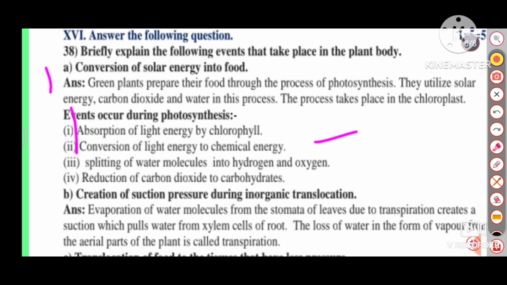Events that occur during photosynthesis: absorption of light energy by chlorophyll, conversion of light energy to chemical energy, splitting of water molecules into hydrogen and oxygen, reduction of carbon dioxide to carbohydrate.